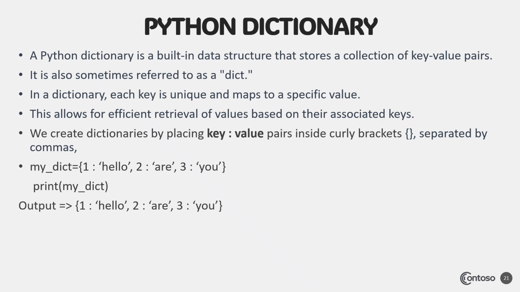So 1 hello, 2 r and 3 u are the key value pairs inside the curly brackets separated by commas, and this is how we create a dictionary.